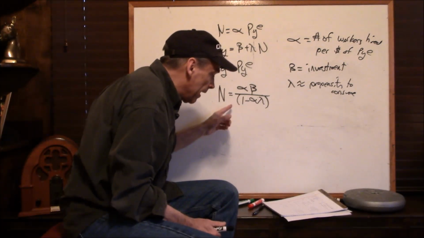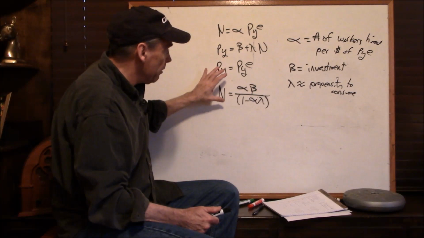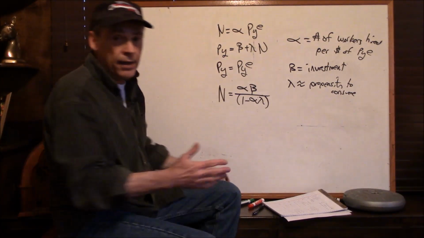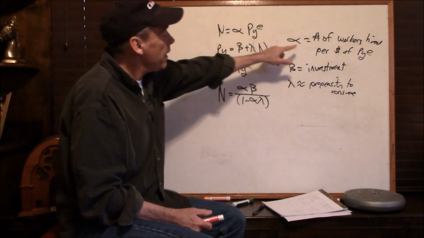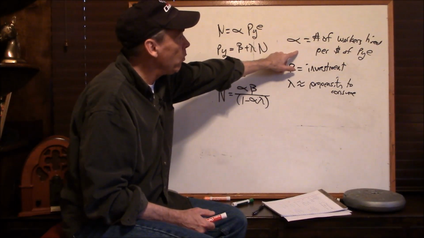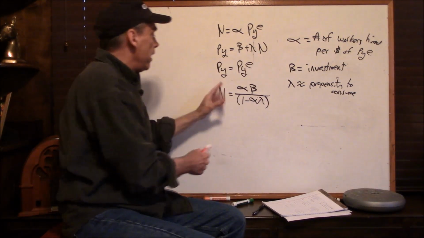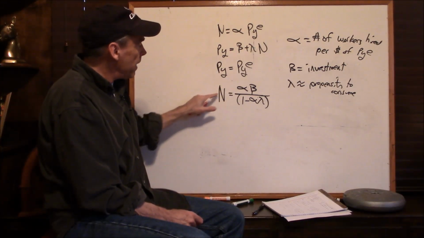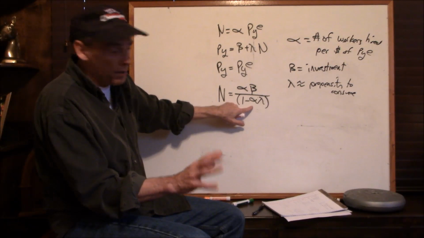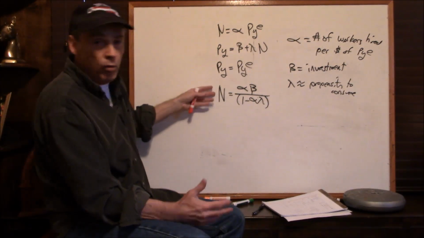Now, let's look back at this equation here and think about what each of these things implies. It turns out to be fairly straightforward, I think. It says that if firms are willing to hire more workers per dollar of expected sales, employment goes up. Check that out. If this goes up, that goes up. Ignore that for just a second. If this goes up, then the whole fraction goes up.